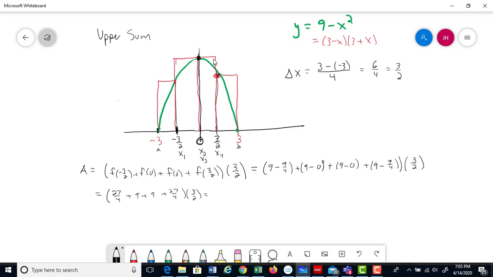So how many fourths? 27 plus 36, I do it again, so I got 126 all over 4 multiplied by 3/2. So times 3, this is 378 all over 8, which is about 47.25.